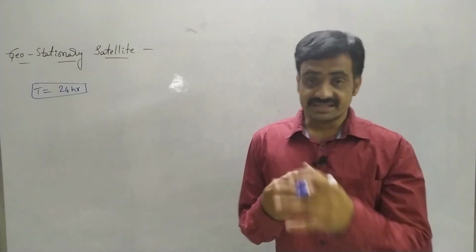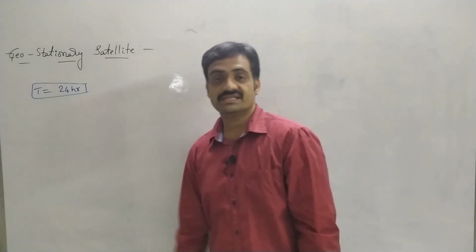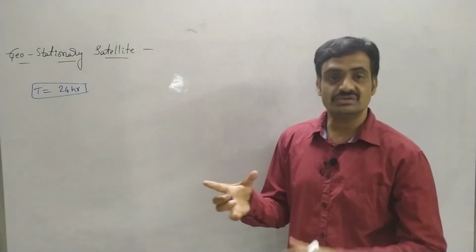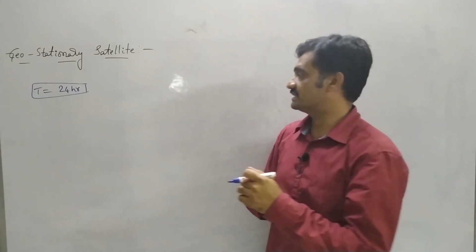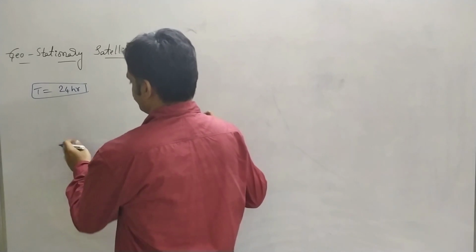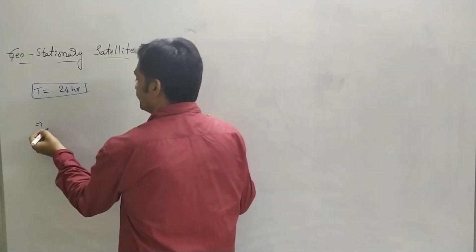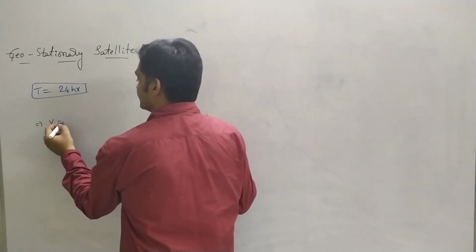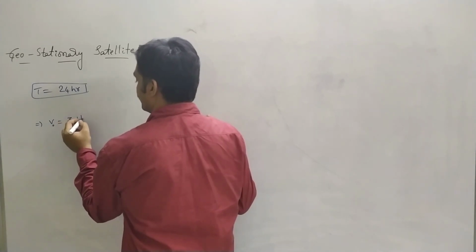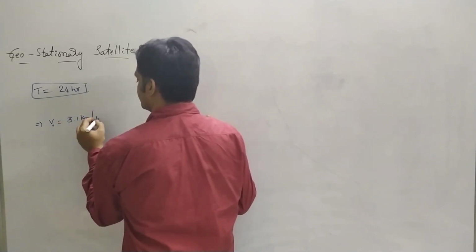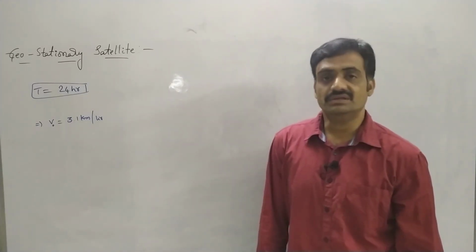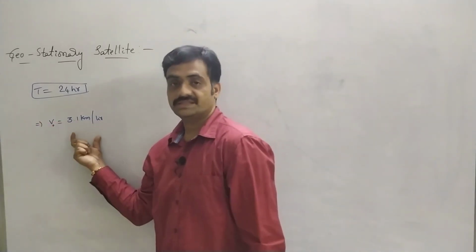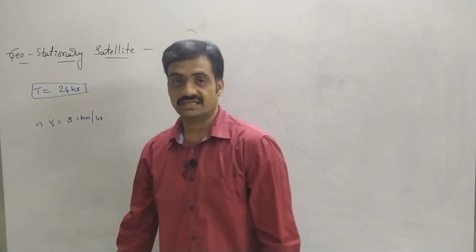Because it appears stationary and continuously moves with respect to earth. Whereas the orbital speed of the satellite is 3.1 kilometer per second.